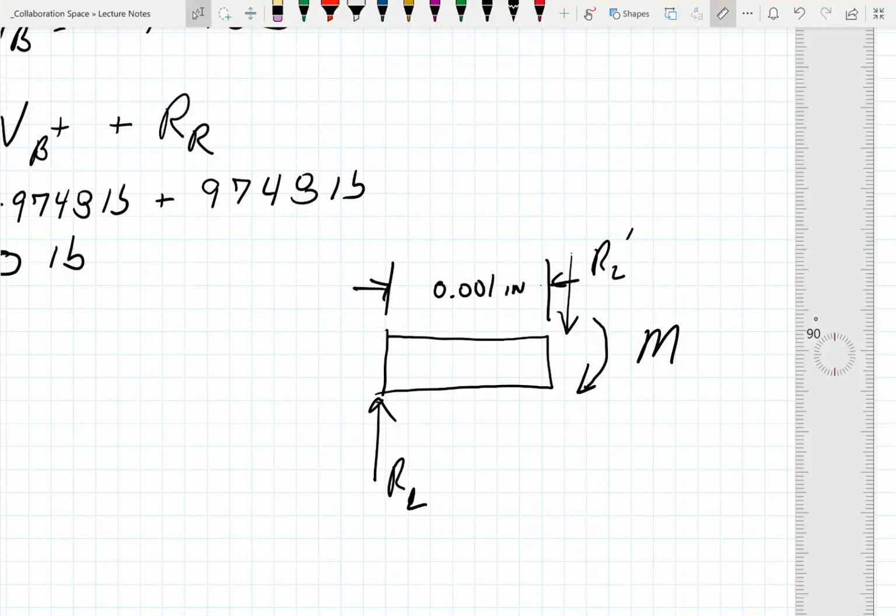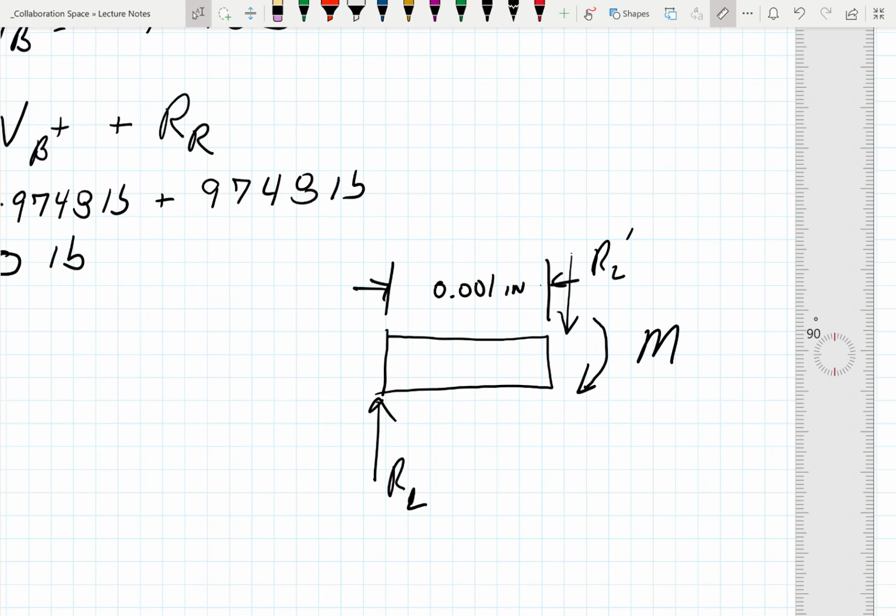All right. In order to actually do this, this is one of those games they tried to get you to learn in math about doing limits. Remember that stuff? But you remember the phrase, right? Okay. So, if I'm taking a moment about the left-hand edge, okay, and I'm at some really small infinitesimal distance, in this case I pick 0.001 inch, and I got a 36-foot beam, okay, I don't really have any moment like that, okay, but I want you to get used to the concept of what's happening.